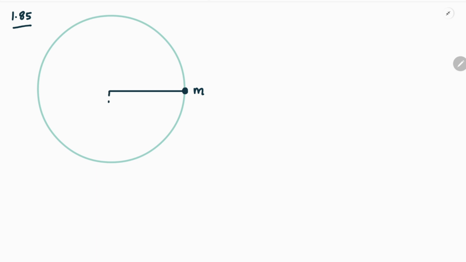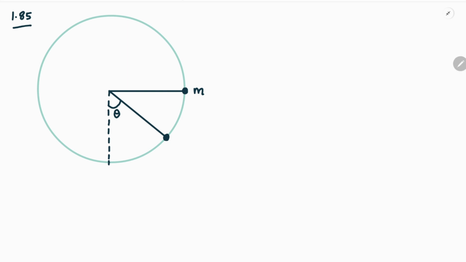So it is released from this point when the angle is 90 degrees, and now when the sphere is at this point, which we consider at an angle theta with the vertical, the problem is asking us to evaluate the following aspects.